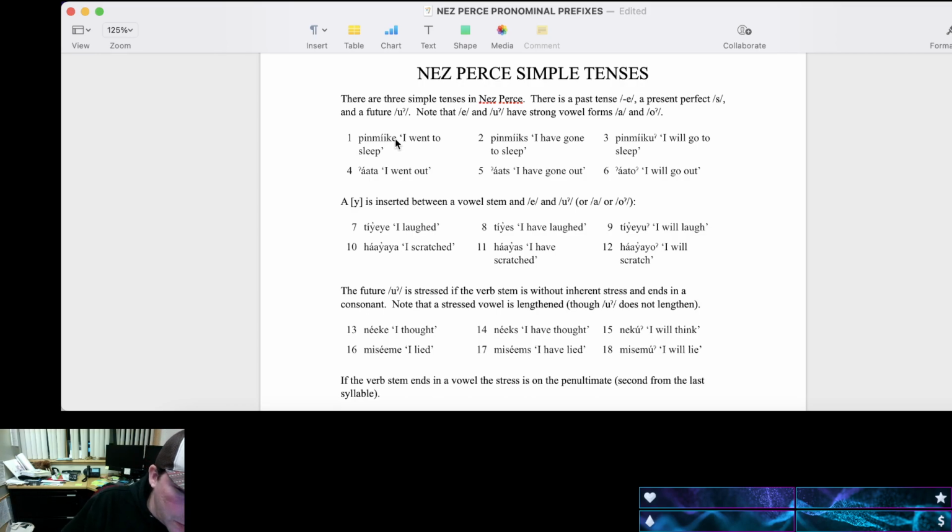So it can just stay with the weak. But ata, because it inherently has those A's in the front, it's going to become a strong vowel. So that E is going to change to an ah, so that all of the vowels in our word match. Okay.